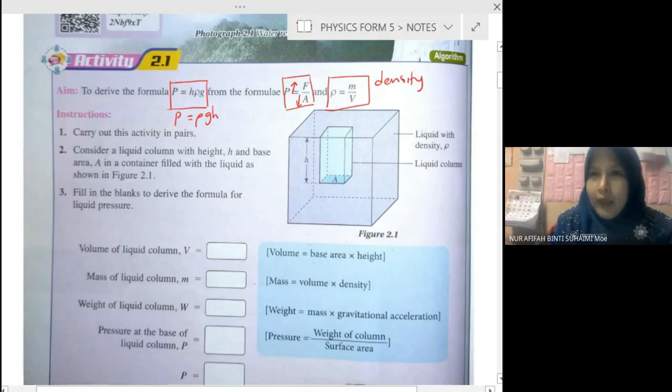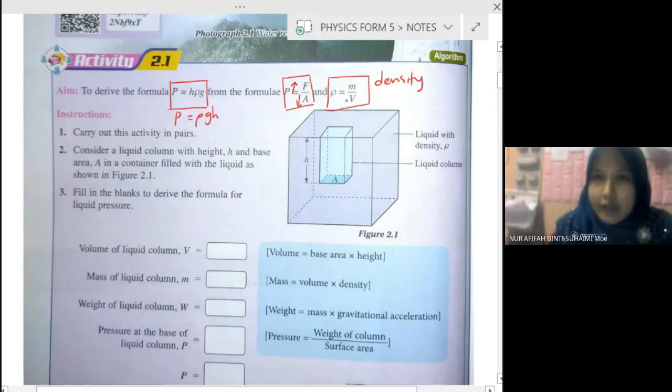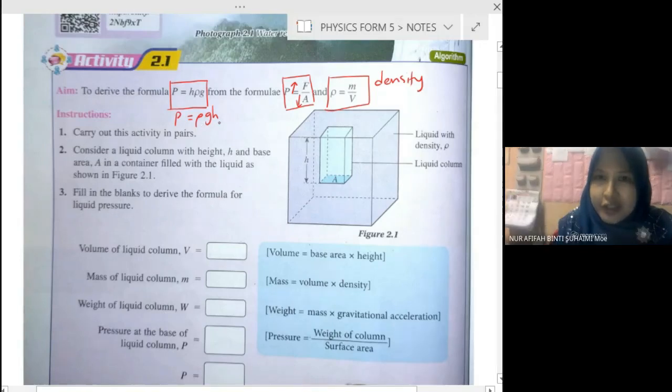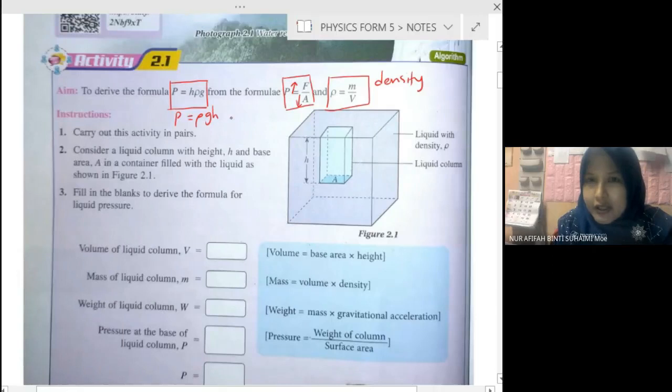Density equal to mass over volume, mass per unit volume. P equal to rho g h: density times gravity and height or depth. H stands for height or depth, measured from the surface of the water.